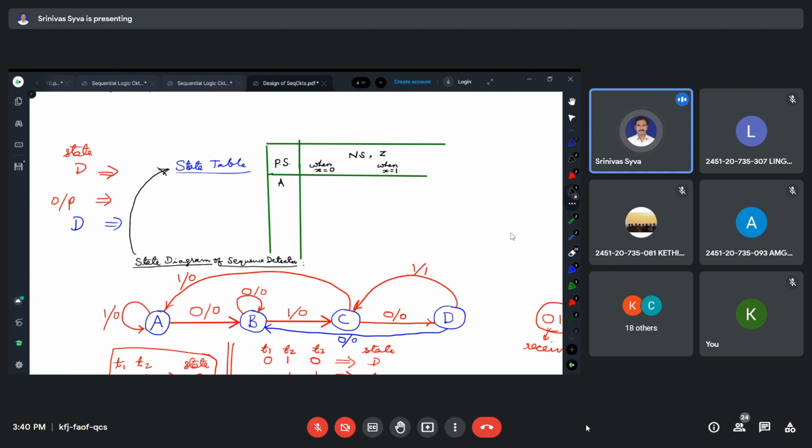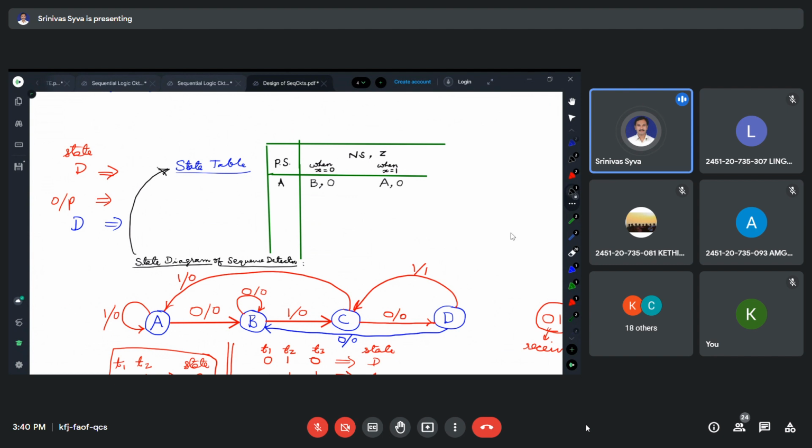Next state will be B, that is here, next state. What will be the output? Output will be 0. Suppose we receive 1 during the state A, what happens? The next state will be the same, A only. So next state will be A. Again, output will be 0, like this.